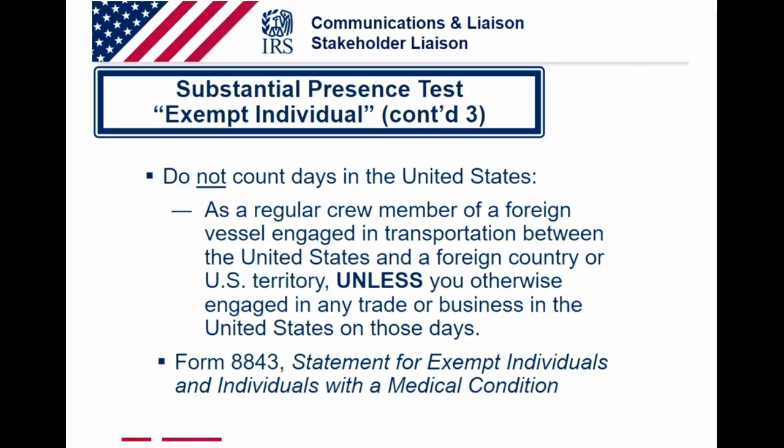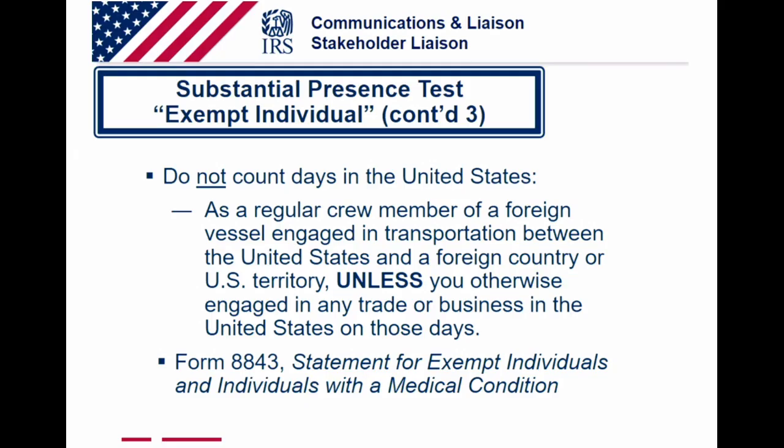If an individual excludes days of presence in the United States because they were temporarily in the United States as a teacher or trainee on a J or Q visa, or they were temporarily in the United States as a student on an F, J, M, or Q visa, or were a professional athlete competing in a charitable sports event, or they were unable to leave the United States due to a medical condition that arose while they were here, then the individual must file Form 8843, Statement for Exempt Individuals and Individuals with a Medical Condition, and it must be attached to the income tax return.